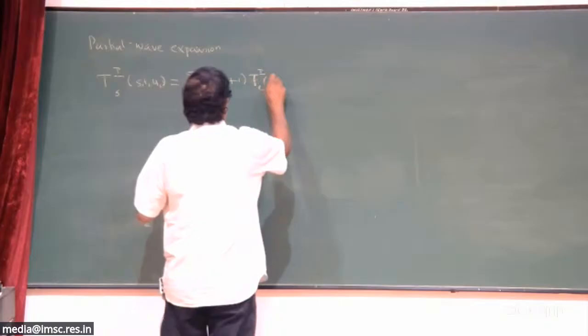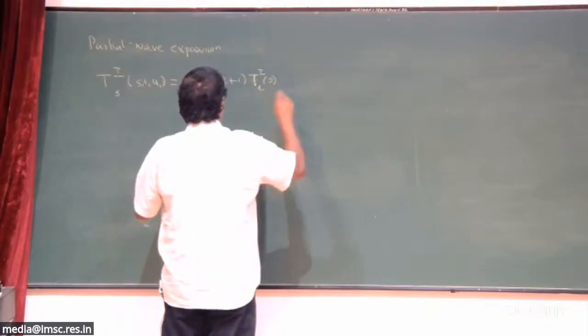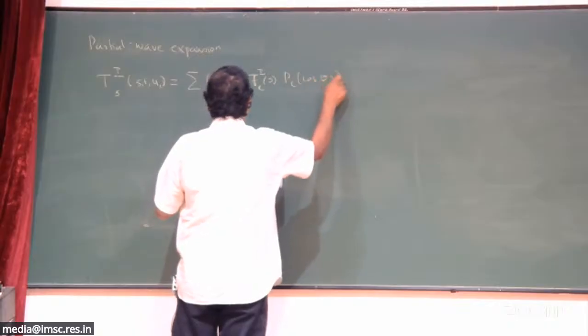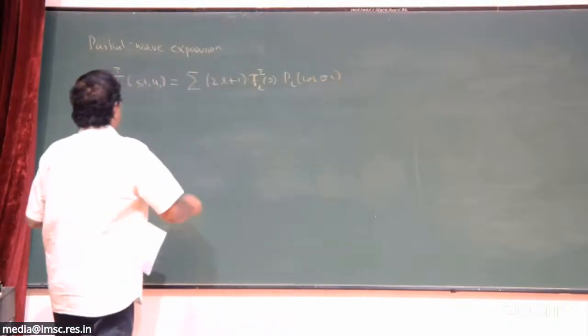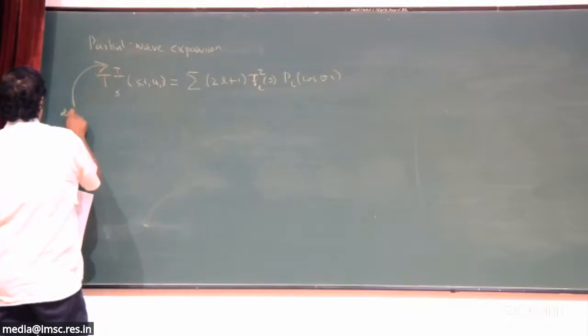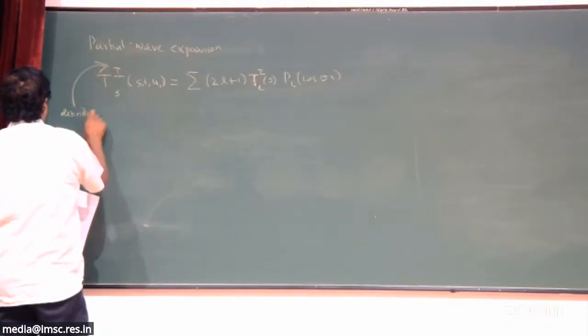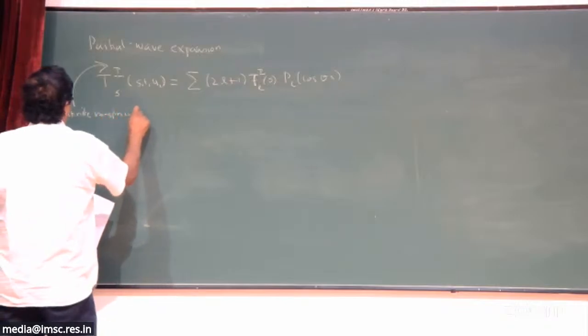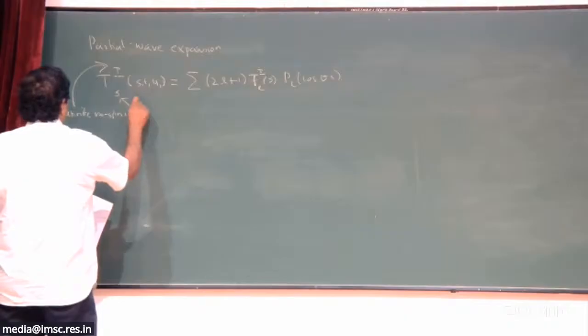Different books use different notation, and I get mixed up between all of them. Times P_L of cosine theta_S. So this is called the definite isospin in the S channel.